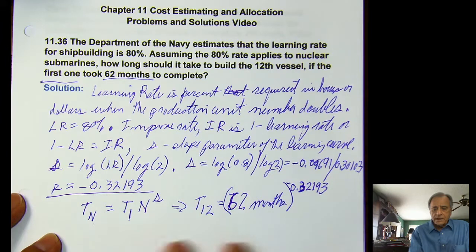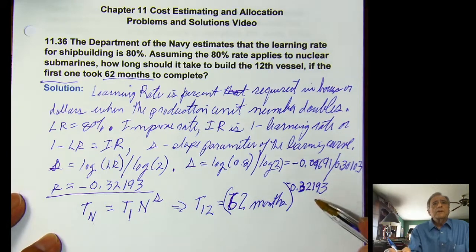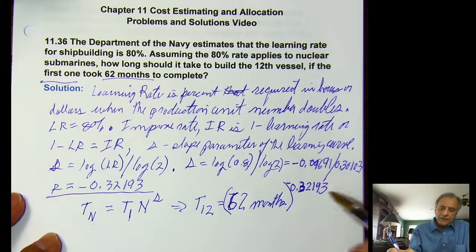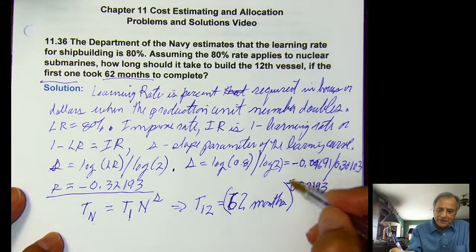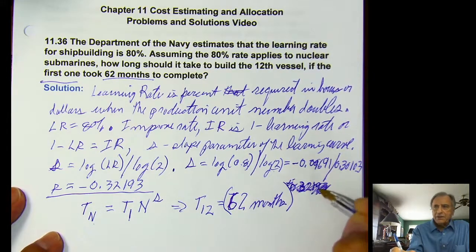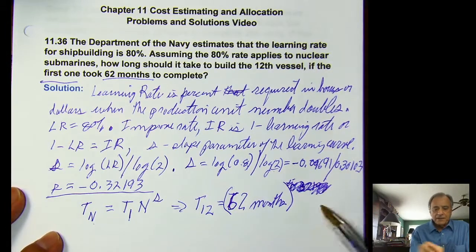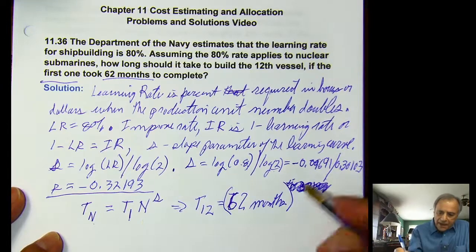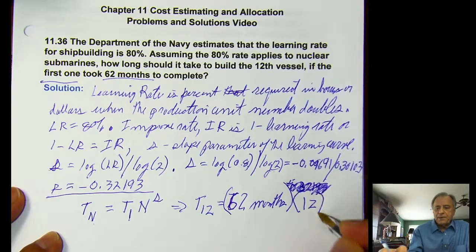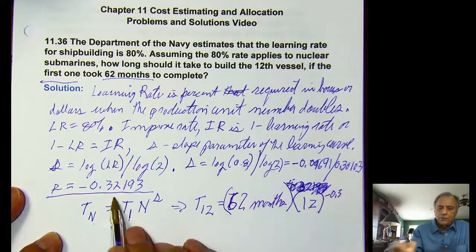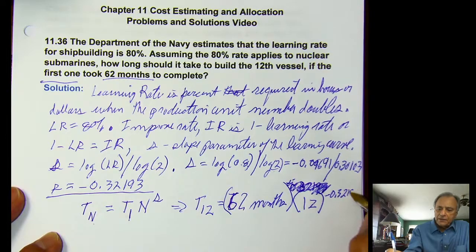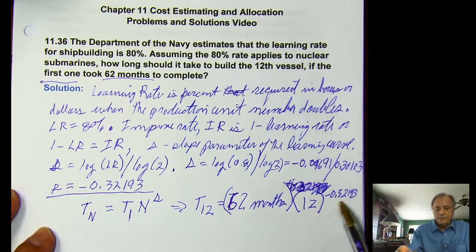I forgot the n, the 12. This is T1, I'm sorry, this is a mistake here. This is T1. And now I need to put in n, which is 12 to that power, to the minus 0.32193. So 12 to that power.